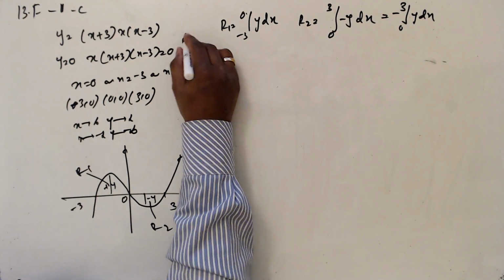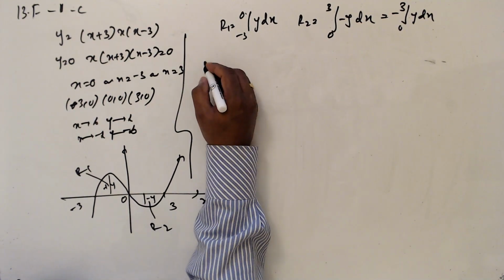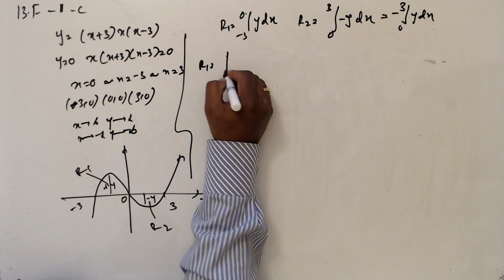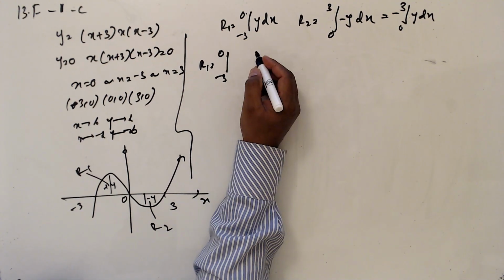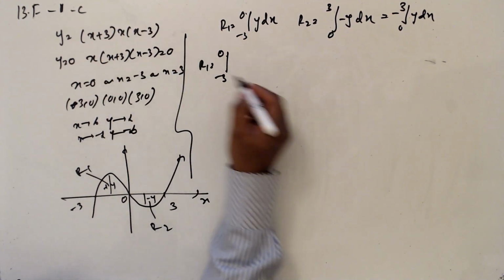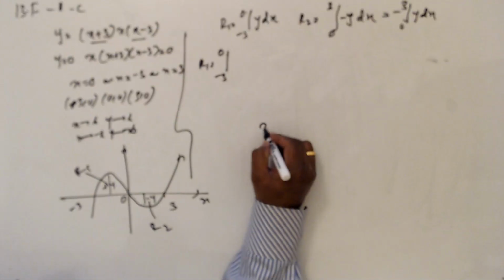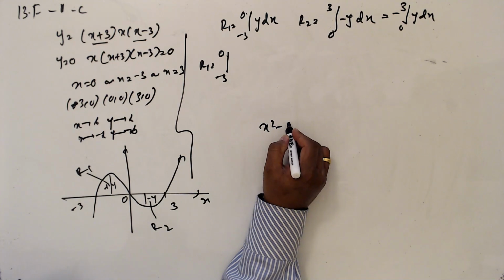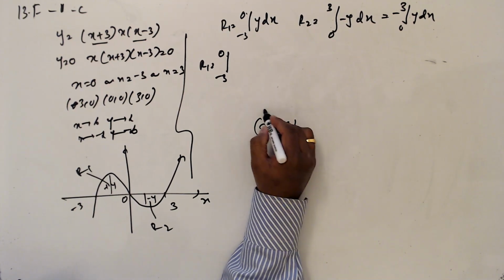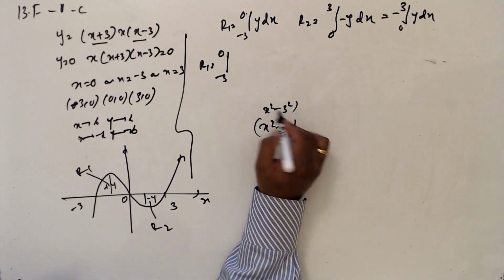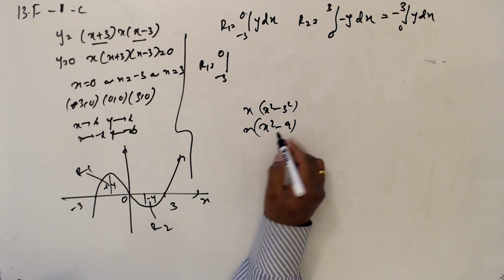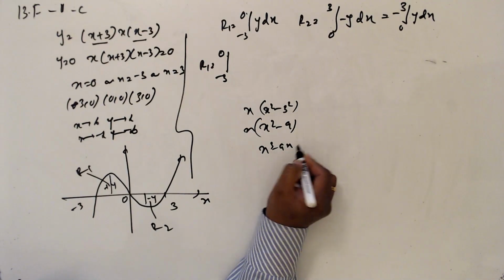Now let's work out R1. R1 equals the integral from minus 3 to 0 of y. We have to expand this one. This is x plus 3, x minus 3, difference of two squares, x squared minus 9. x squared minus 3 squared times x is x cubed minus 9x.